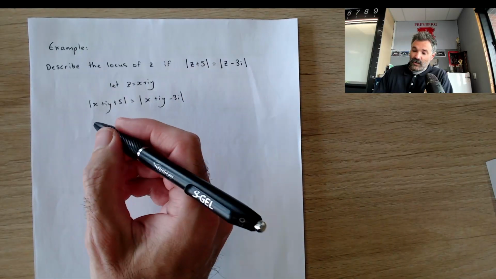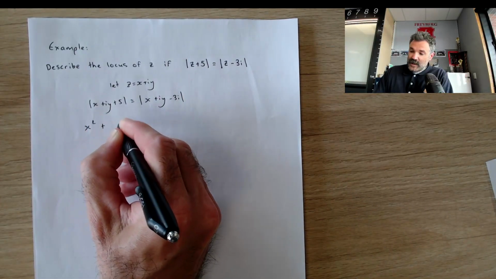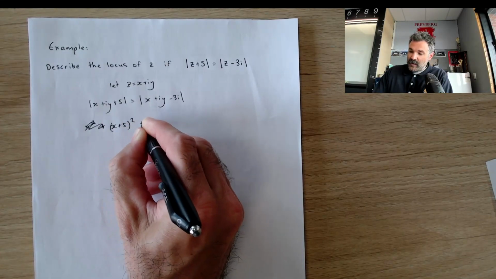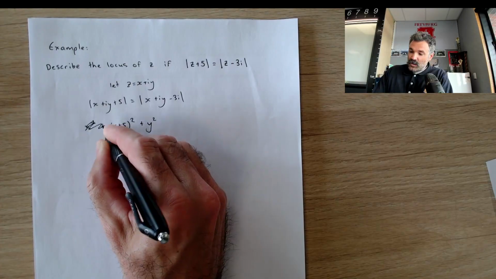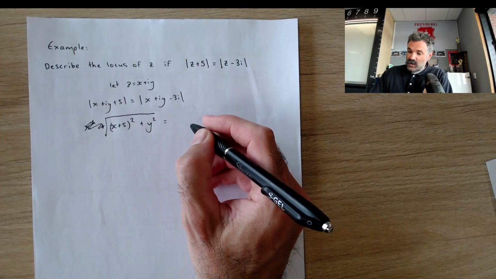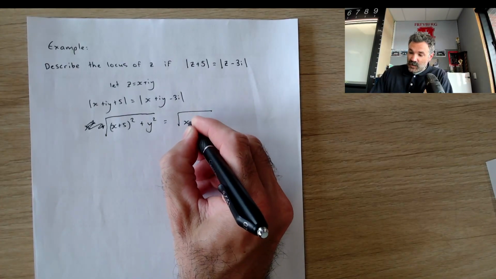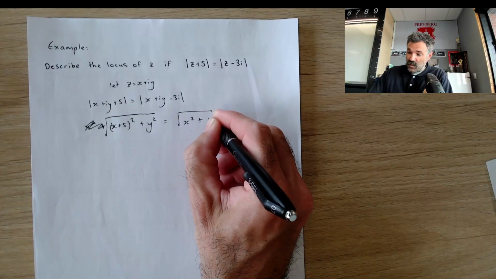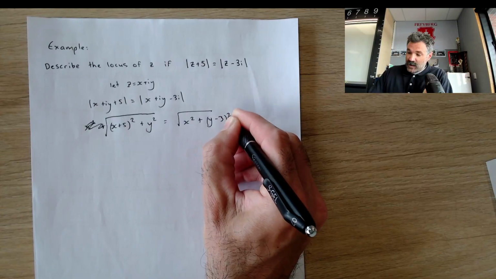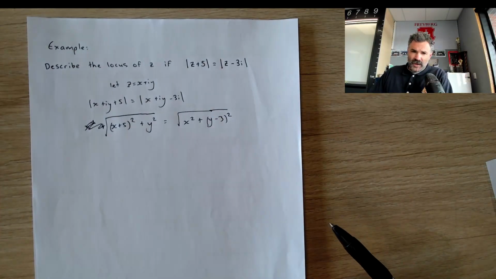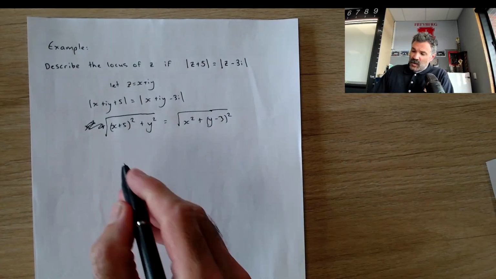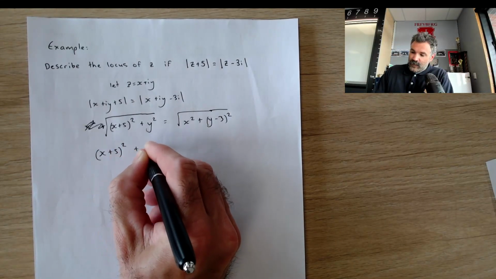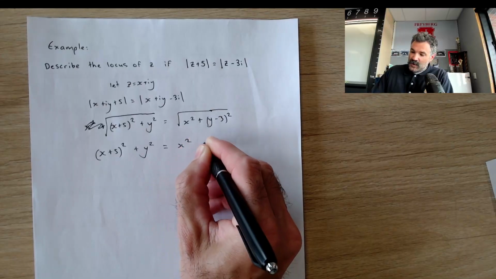Use our formula for the real part squared plus the imaginary squared: the square root of (x plus 5) squared plus y squared is equal to, on this side, the real part, which is just x, and the imaginary squared, which is y minus 3 squared, all square rooted. Just putting them into the formulas. I can square both sides right from the get-go here and get rid of my square root signs.